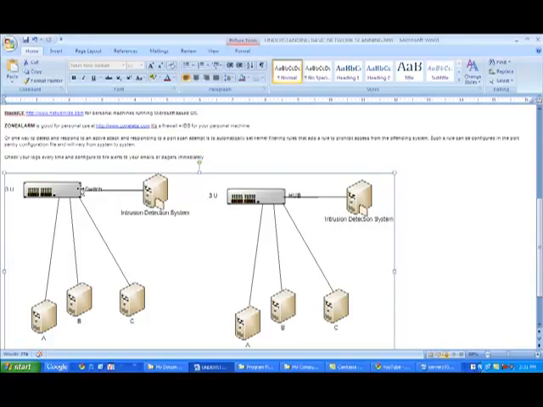Now the second thing is about intrusion detection systems. There are two types: one is usually called signature based and the second is behavioral based.